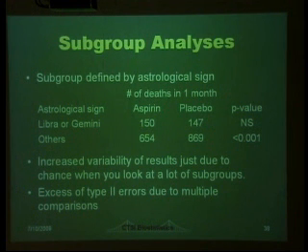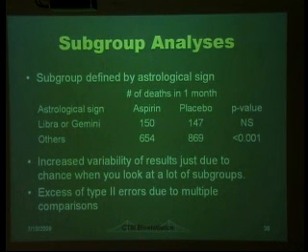Furthermore, you're looking at 12 smaller groups, so that you get more variability as a result of that. Okay? But this situation is actually an excess of type 2 errors because of the multiple comparisons. Type 2 errors means you're not finding differences that should be there. Okay? It's unlikely that there's not an effective aspirin in the Libra or Gemini subgroups.